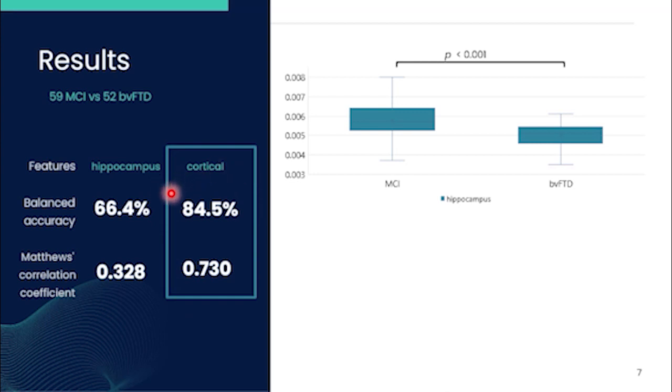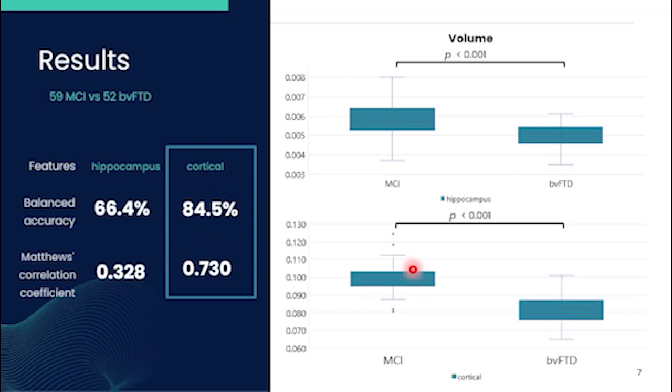And here, when we study these differences, the combination of the cortical regions, we can see that the behavioral variant has a lot of atrophy. The volume is reduced in this case compared to the mild cognitive impairment in Alzheimer's disease.